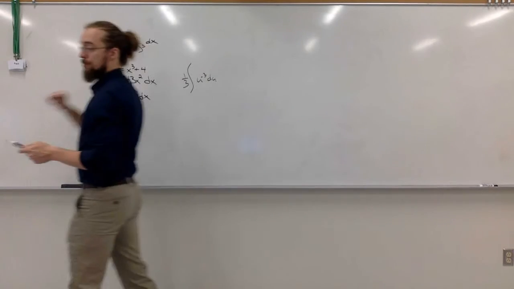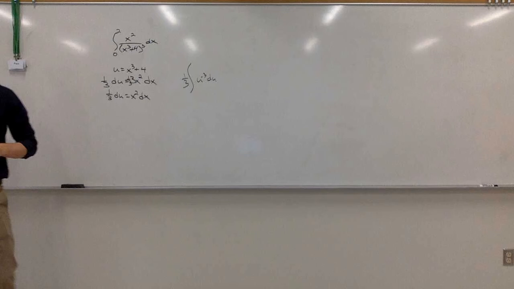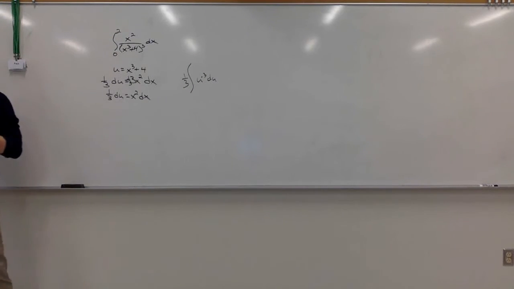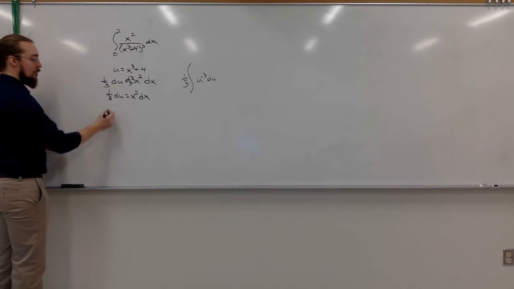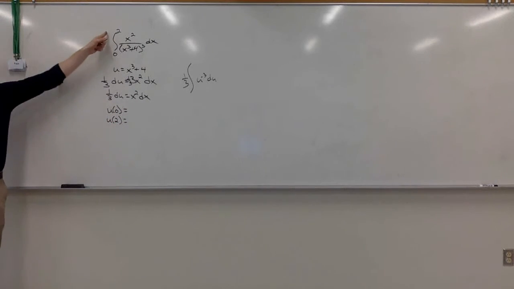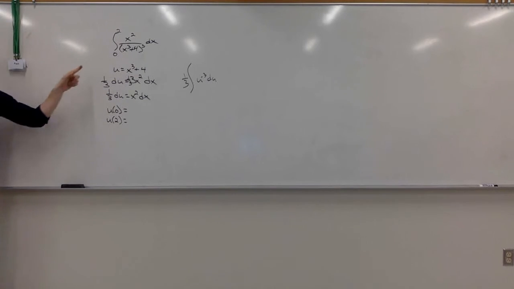What do we do with these bounds? What we want to do is rewrite these bounds in terms of u. That means I'm going to evaluate u of 0 and u of 2. I'm just going to plug each of my bounds into whatever my u is.